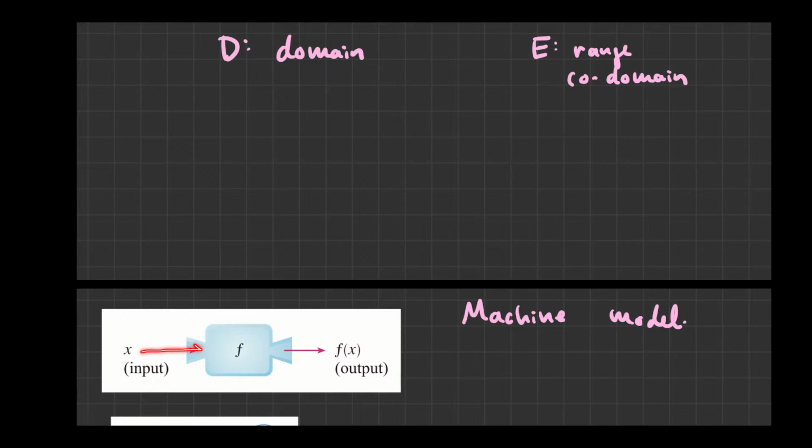Okay, and we input our element x into our function, and out comes our output. So that's the initial way we think about a function, as an input and an output. You can think of it like a computer program, right? You input some value, and then the function would output a different value. So all of the numbers on the left here would be from our domain, and it's going to output some number in our codomain.